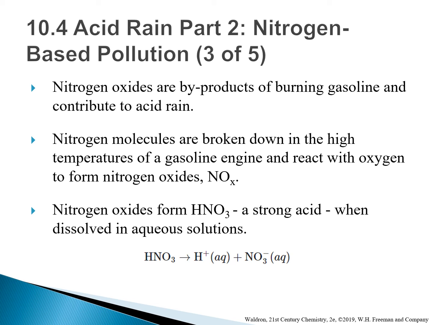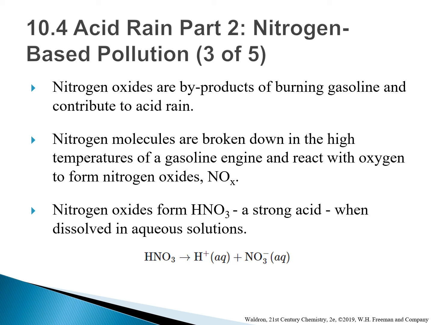When the subscript x is 1, the molecule is NO, nitrogen monoxide. And when the x is 2, the molecule is NO2, nitrogen dioxide. When we want to refer to both of these oxides of nitrogen together, we call them NOx or nitrogen oxides.